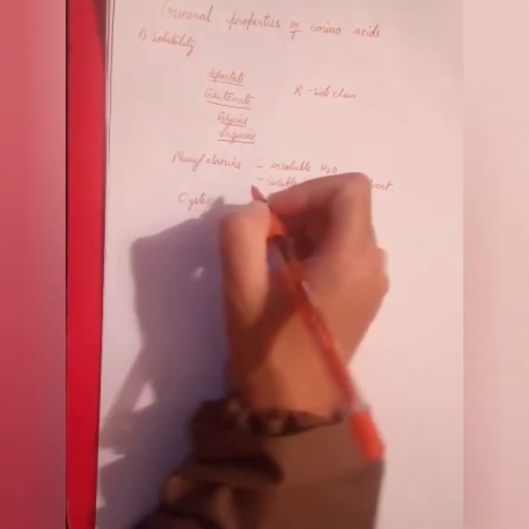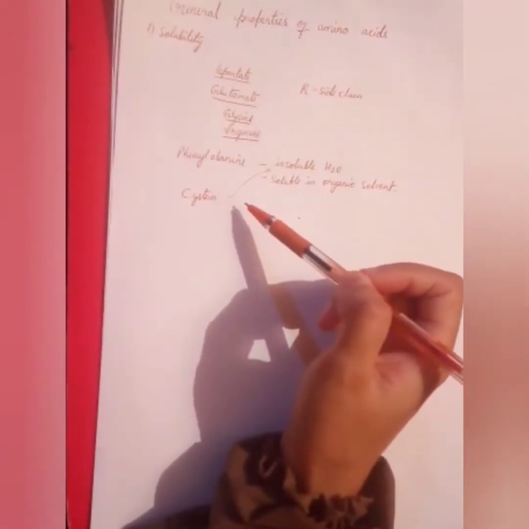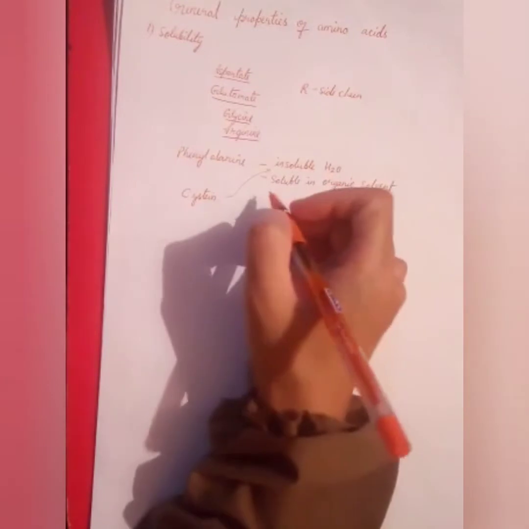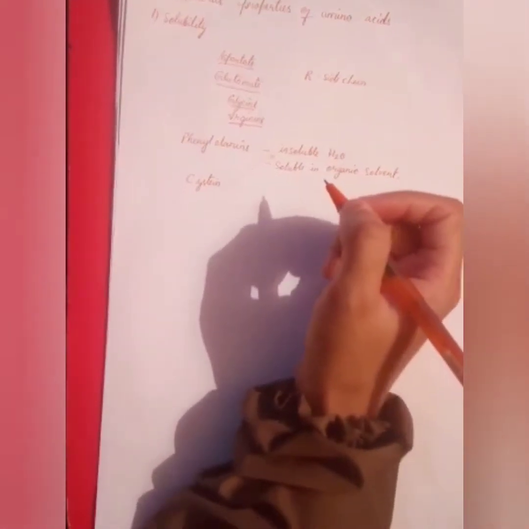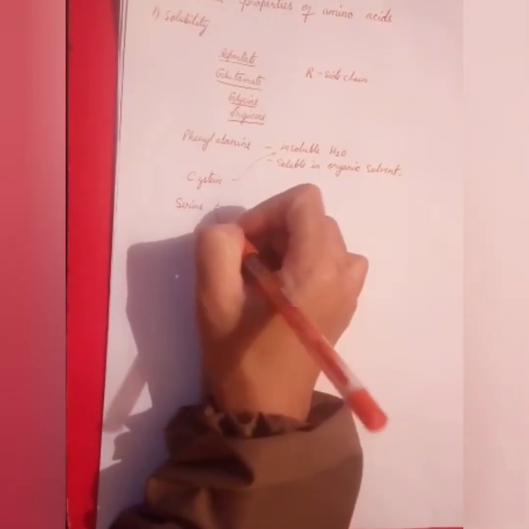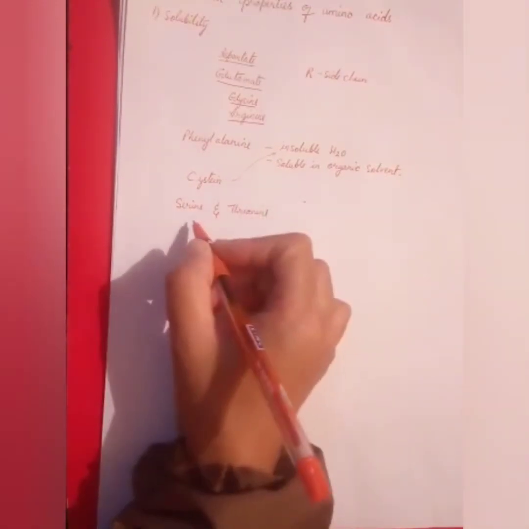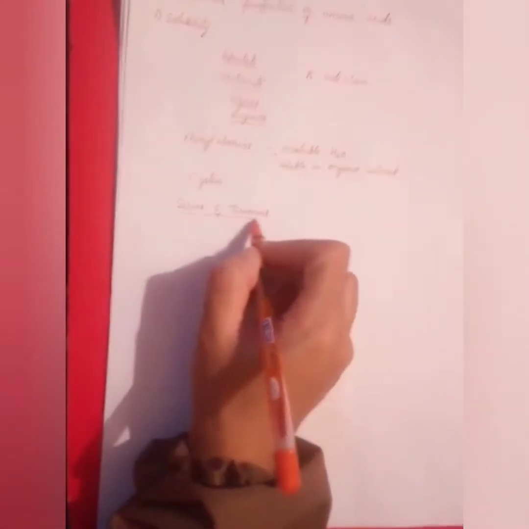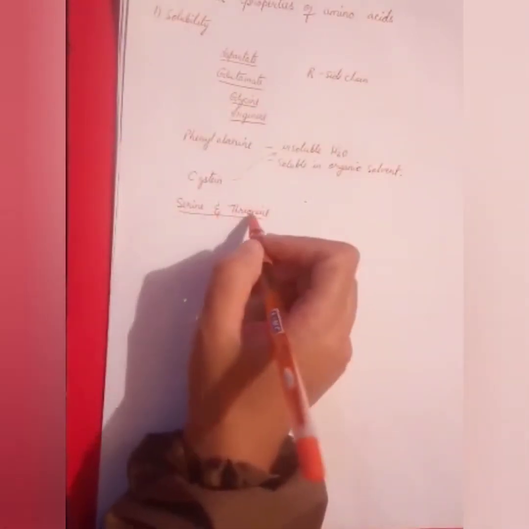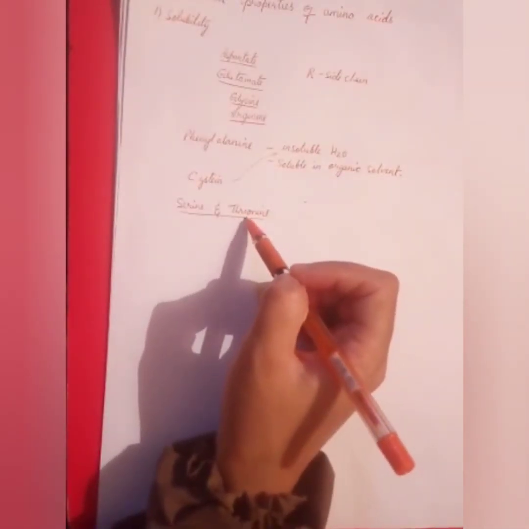Cysteine is also insoluble in water, and also insoluble in dilute mineral acid. And serine and threonine, these two amino acids are very much soluble in water.